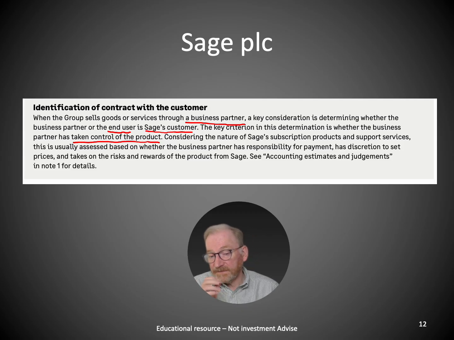And the issue here is if the business partner is just reselling Sage's products and doesn't really have a meaningful inventory of them, then we really should only recognize the revenue when the end user takes control of the product, when the reseller actually resells to the end user.